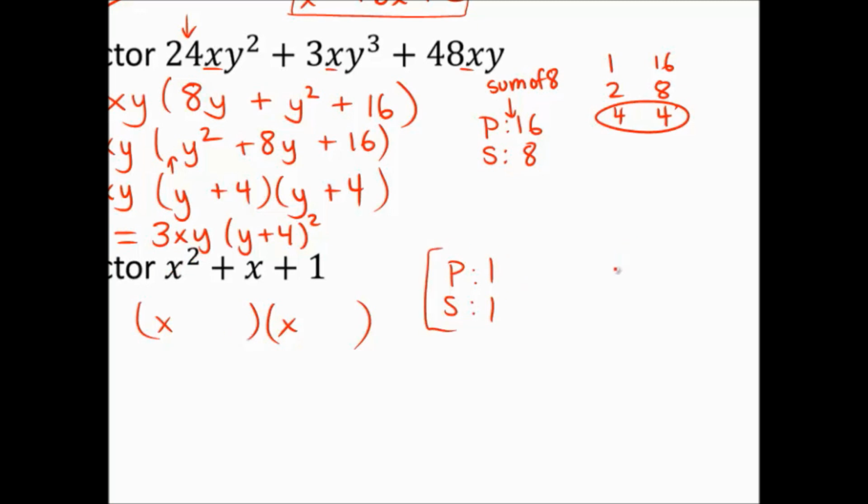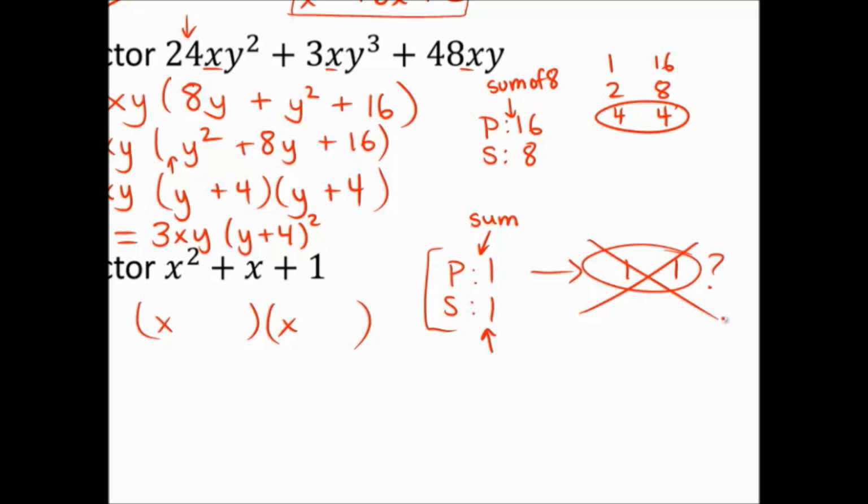What are all the ways of multiplying to 1? Just 1 times 1. That's the only option. Okay, our product is positive, so that means we need to add up those numbers somehow to get to 1. Can we add these up to give us 1? It's impossible. So we've looked at all the possibilities and there are none.